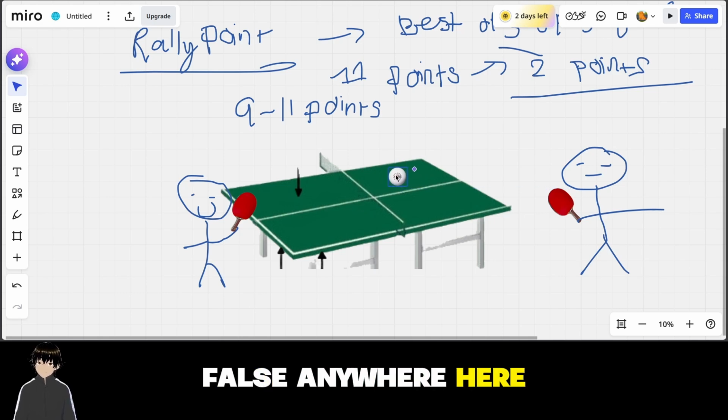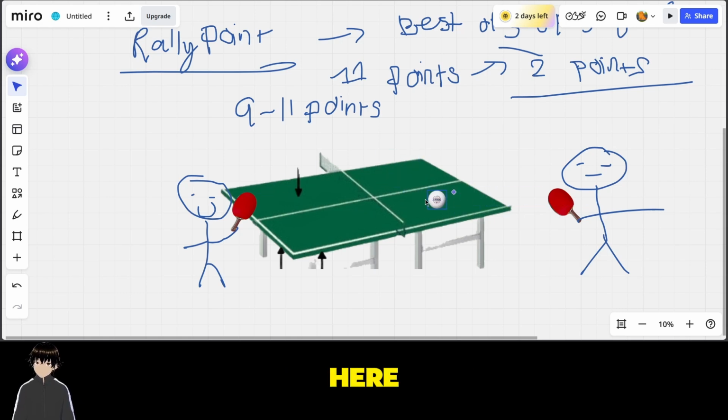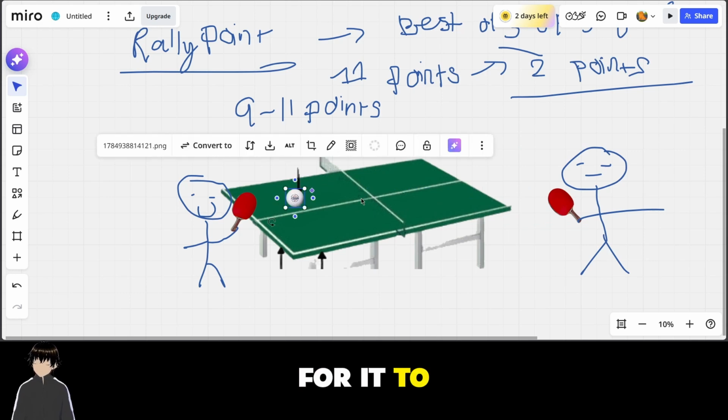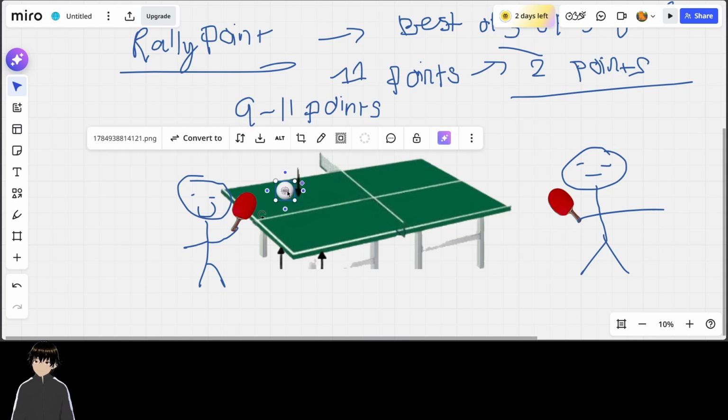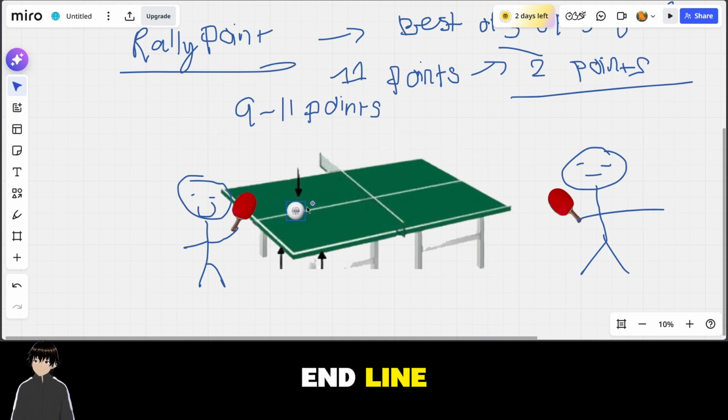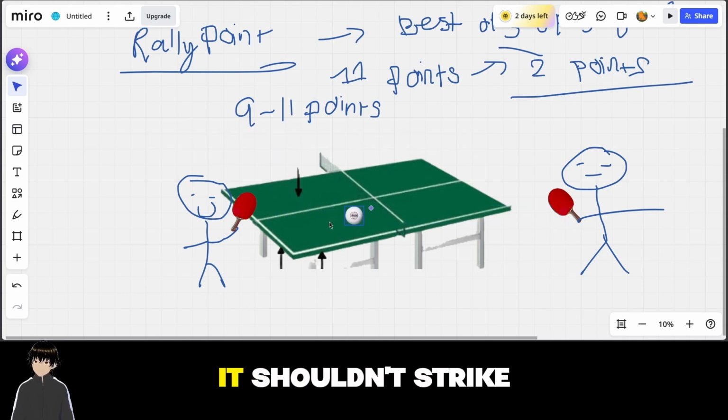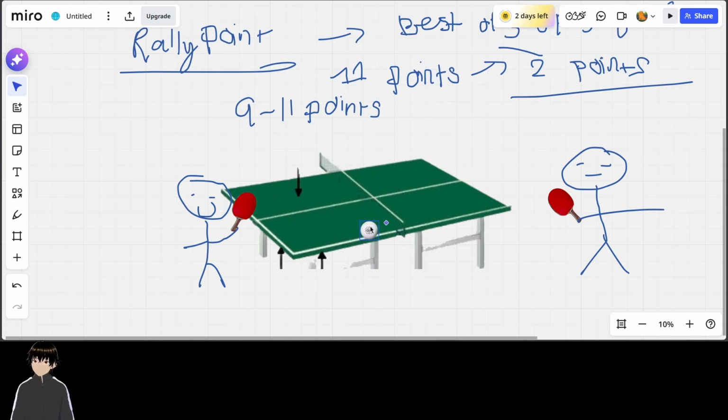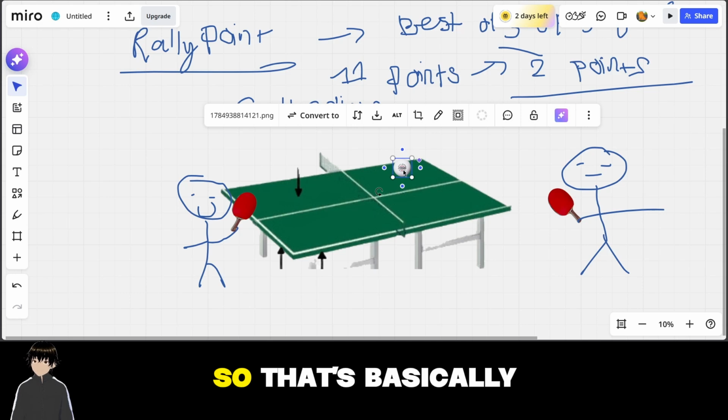You have to make it fall here. Conversely, your opponent has to make it strike at this part of the court for it to be considered legal. The ball can also strike the end line, but it shouldn't strike these. So that's basically it.